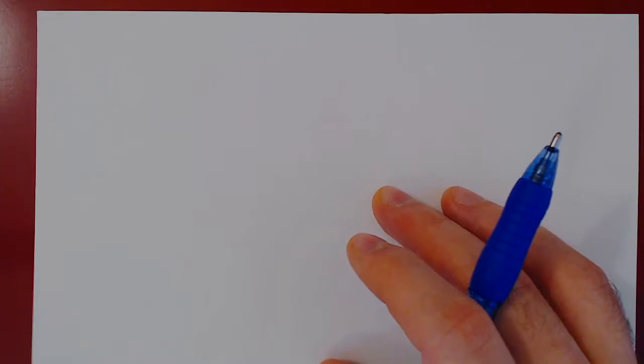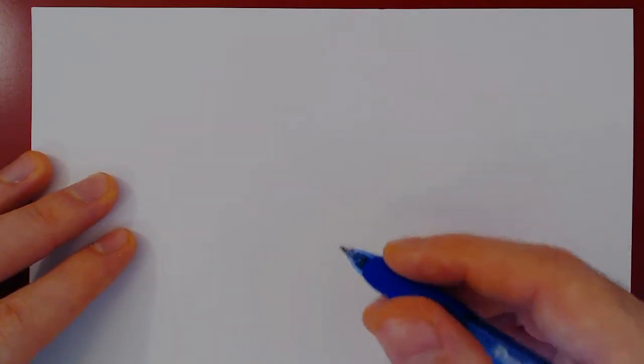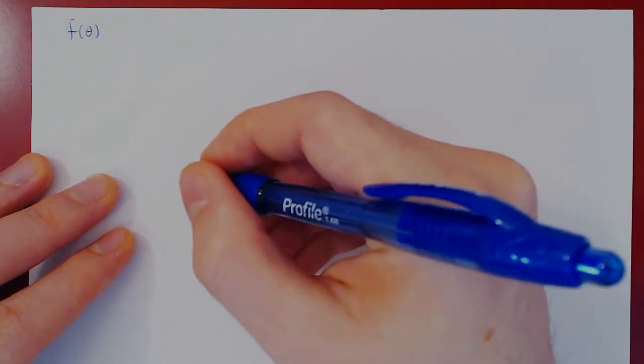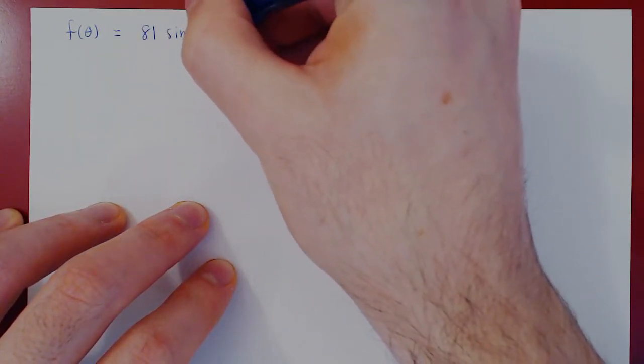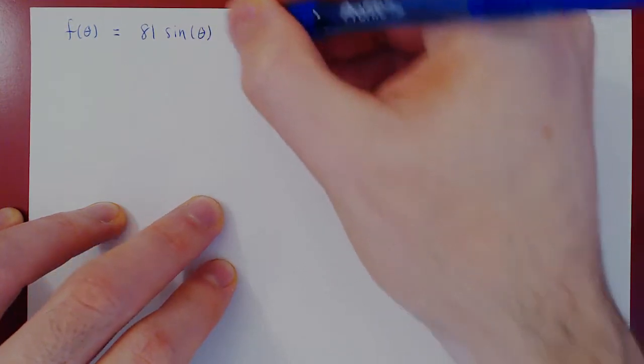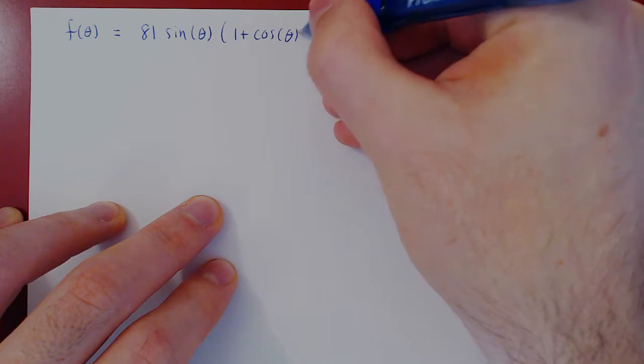Let's recall what the target function was equal to. So our function of theta, the area of the cross-section of our gutter, was equal to 81 sine of theta times 1 plus cosine of theta.